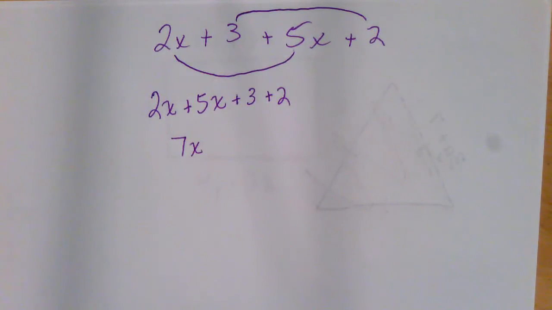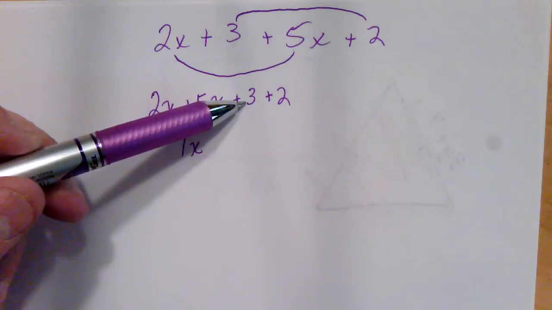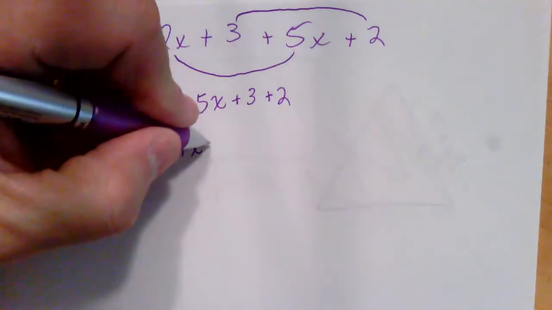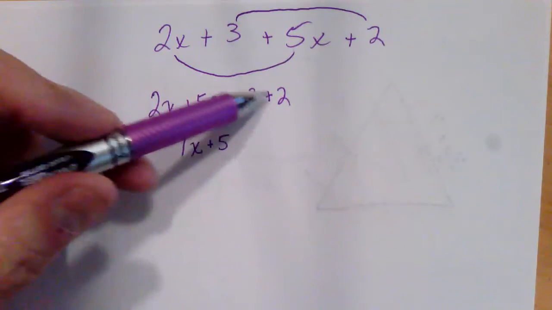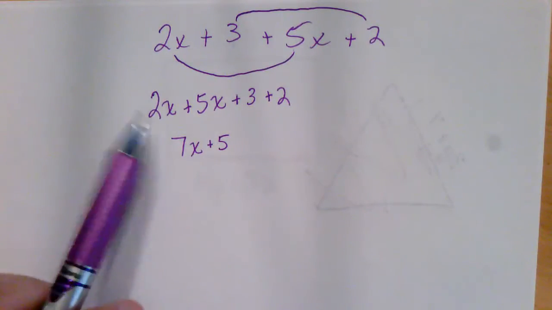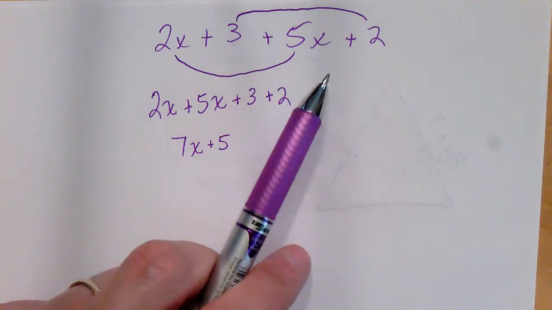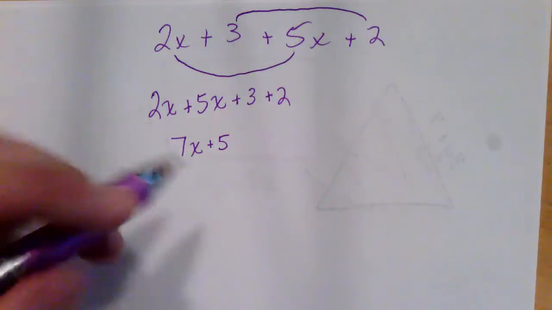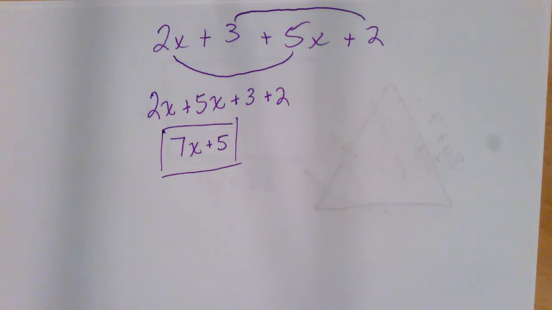So 2x plus 5x is 7x. And then we can add these other ones. So 3 plus 2, we know that that's going to be a positive 5. So the polynomial 2x plus 3 plus 5x plus 2 simplifies to 7x plus 5.